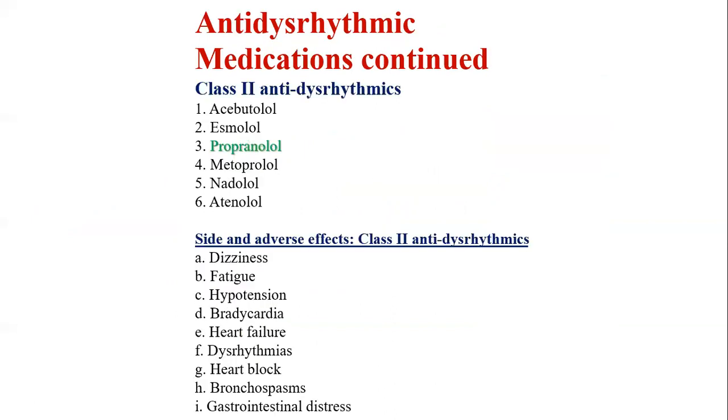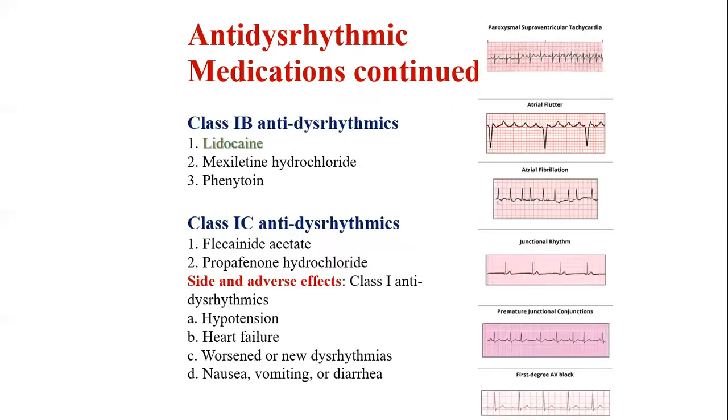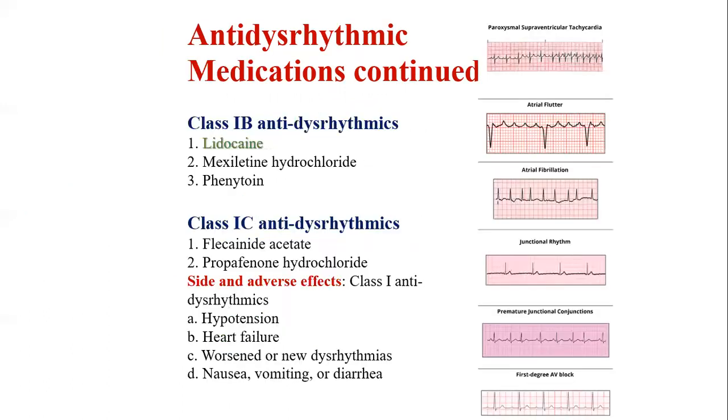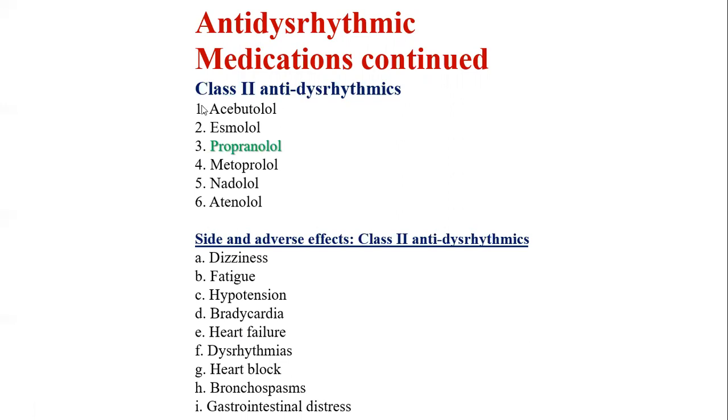The second class is called class 2 antiarrhythmics. The most common drug is propranolol. Other drugs are acebutolol, metoprolol, nadolol, or atenolol. These groups are called beta blockers, and the mechanism of action is non-selective beta blockade, particularly propranolol.